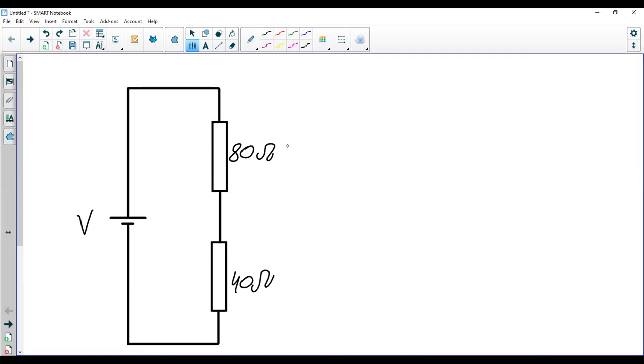So you know how much potential drop across it? It's 80 out of 120 and it's 40 out of 120, where 120 is the total resistance, right? Times the V. So this method is called the ratio proportion method. Are you familiar with this thing, that we can use it here?